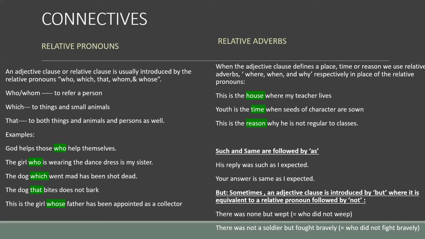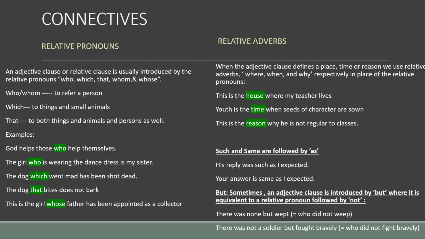Let's see the example. God helps those who help themselves. The girl who is wearing the dance dress is my sister. Here, who is wearing the dance dress is an adjective clause. Here, who is a relative pronoun. The dog which went mad has been shot dead.